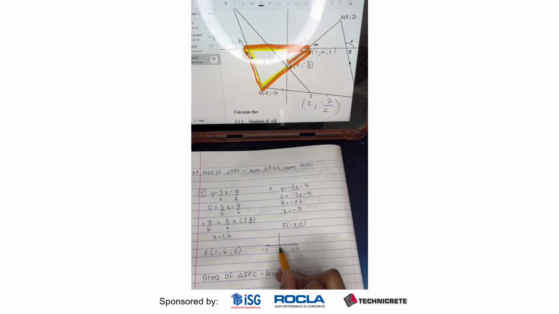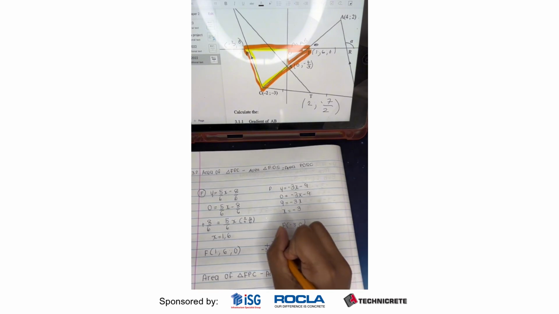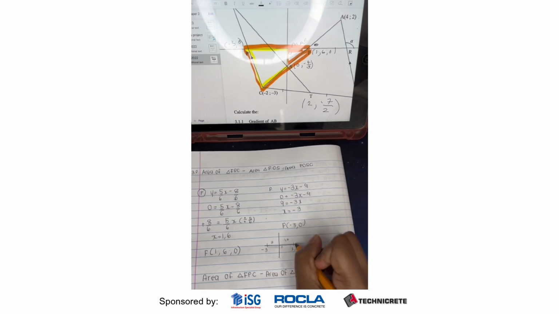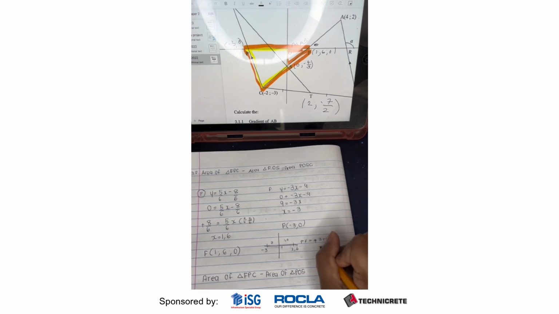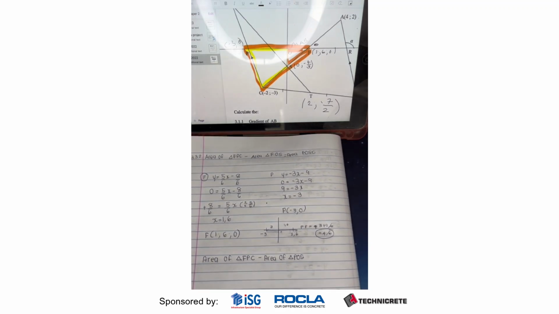So from P to O, it's 3 units, and from O to F, it's 1.6. So my base from P to F is going to be 3 plus 1.6, which is 4.6, and that is the base for this question.